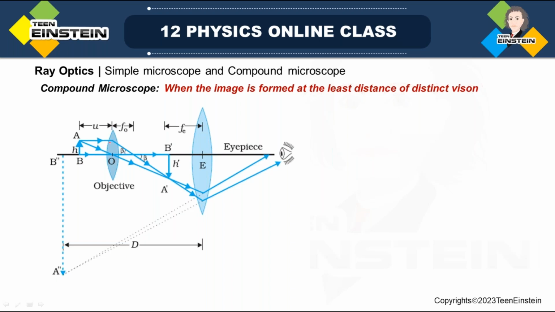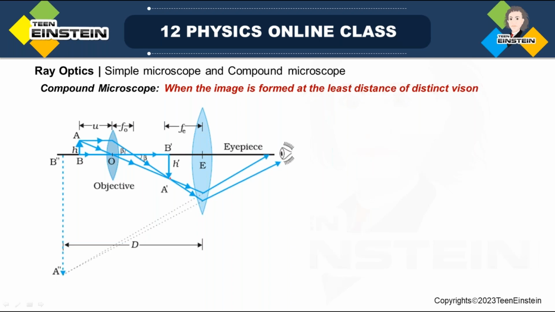First, this objective will see the object. Then an image will be formed by this objective, somewhere here, A prime B prime. AB is the object seen by the lens, and the image formed is real and inverted.